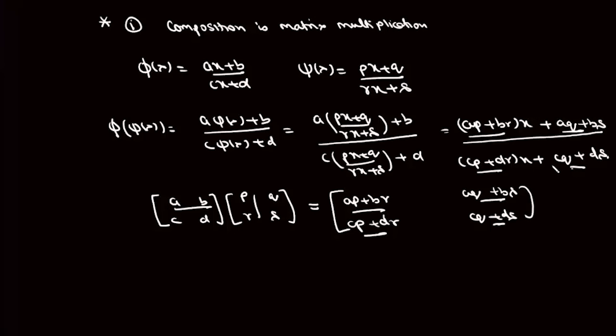So essentially, composition of Mobius maps is nothing but matrix multiplication.